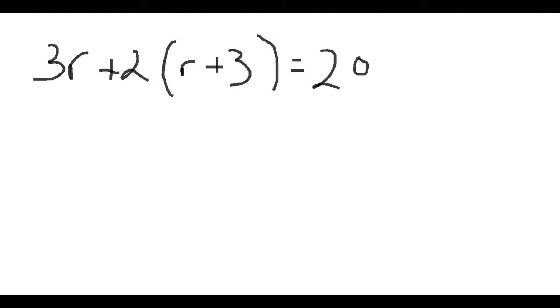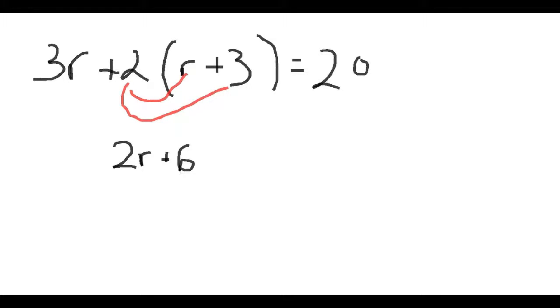So what we gotta do is first the parentheses we need to work on. When we have this parentheses, this 2 has to be multiplied to this number, and this 2 needs to be multiplied to this number. When we do that, we're left with 2r plus 2 times 3, which is 6.